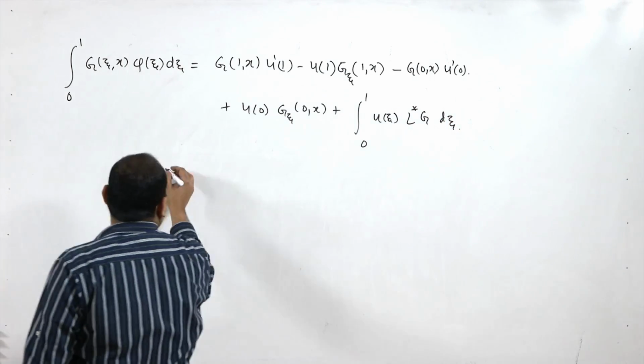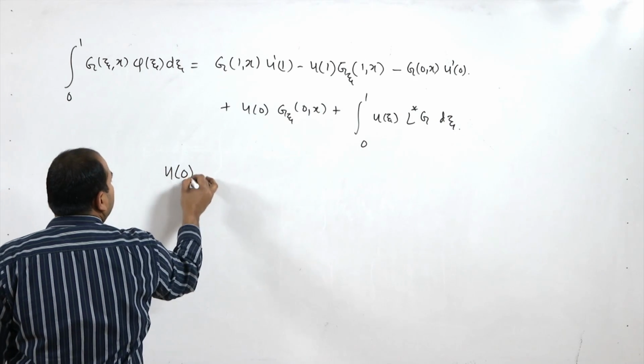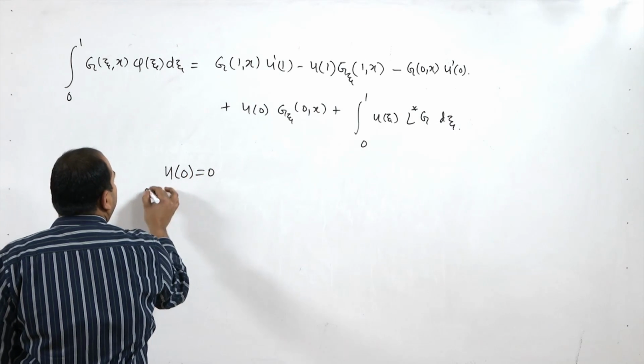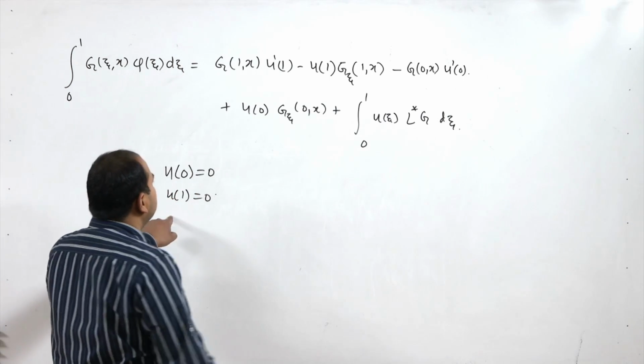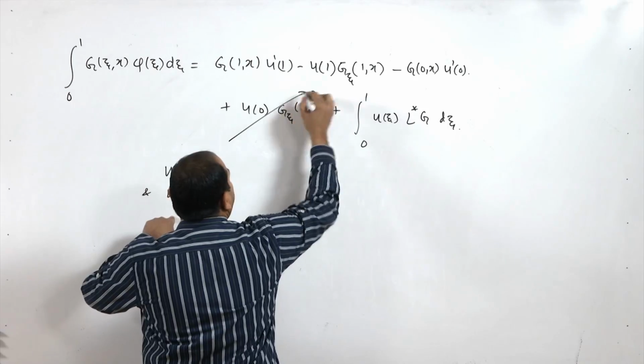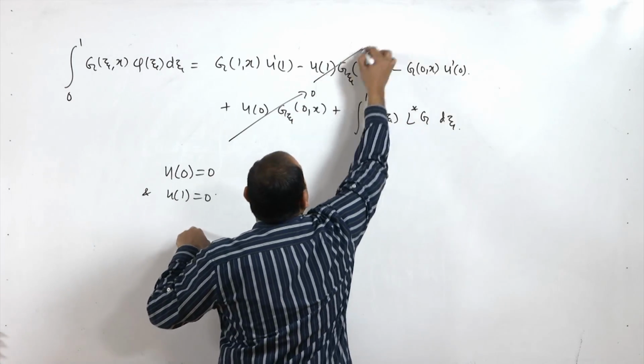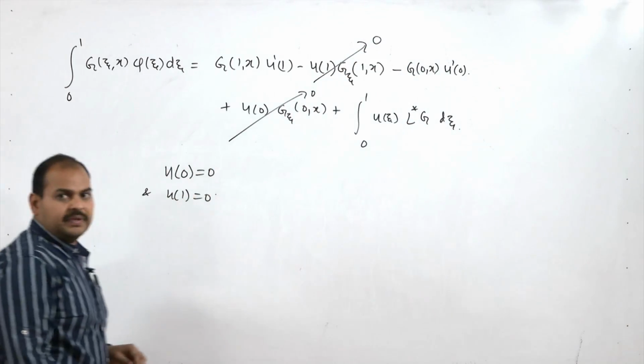Now since we already have u0 equal to 0 and u1 equal to 0, these terms are simply 0, and this is again going to be 0, right.